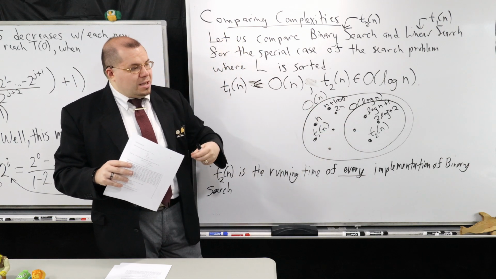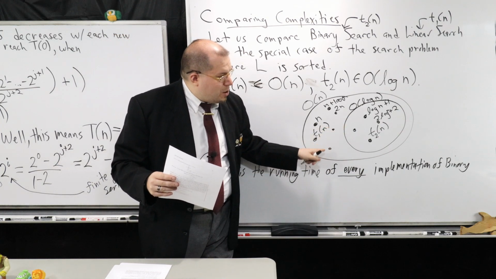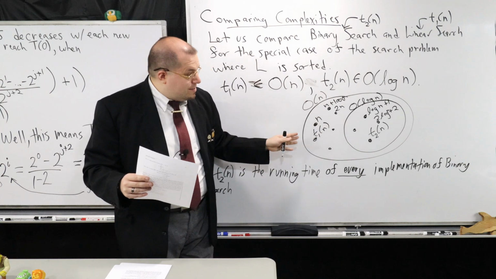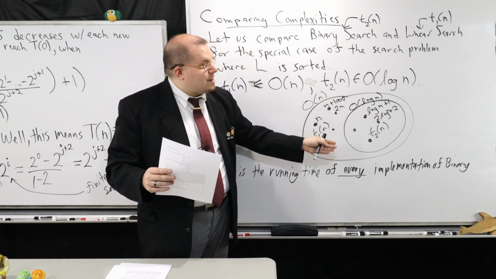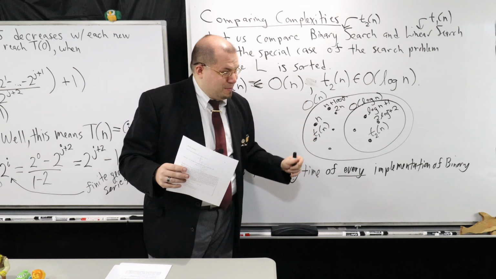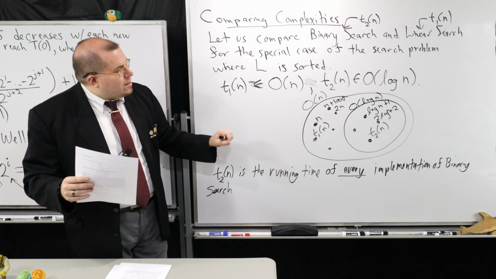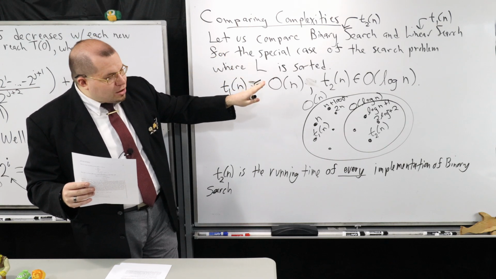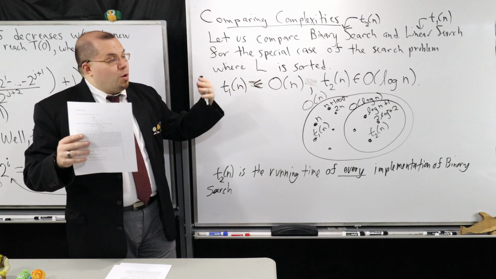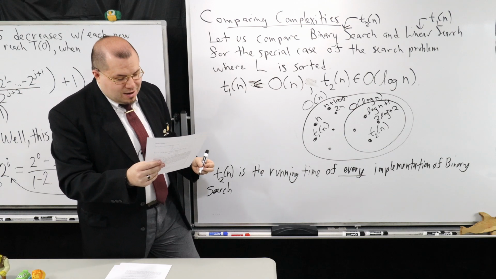Likewise, if I give you the worst case running time of linear search, it's going to be outside of this bubble, but not within the bubble. But for some instances, it might be somewhere within here too. But the thing is, in the worst case, it's still certainly outside of this bubble. So when I say this, whenever I give you any one complexity function for my binary search, it's always going to be more efficient than the one for linear search in the worst case.